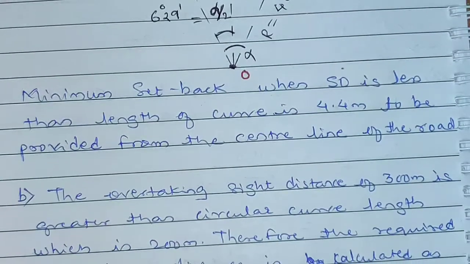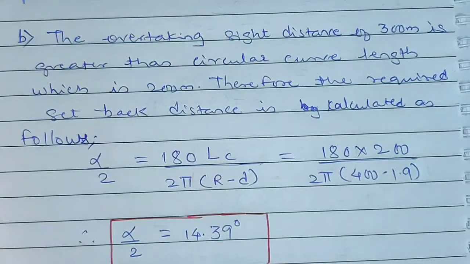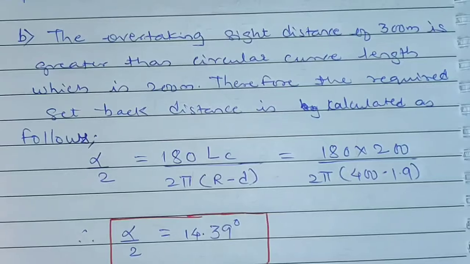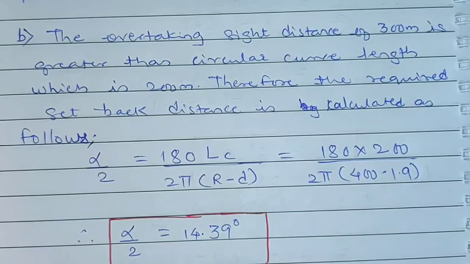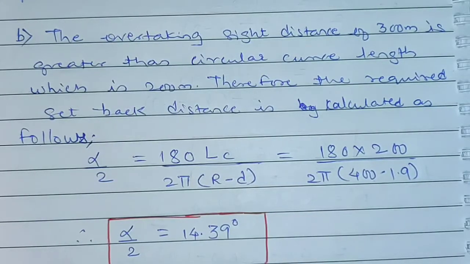The next condition was the overtaking sight distance of 300 meters, which is greater than the circular curve length of 200 meters. Therefore, the required setback distance is calculated as follows. Now here we have a second condition.